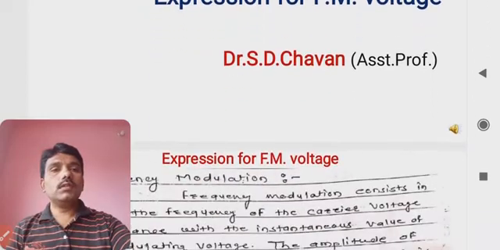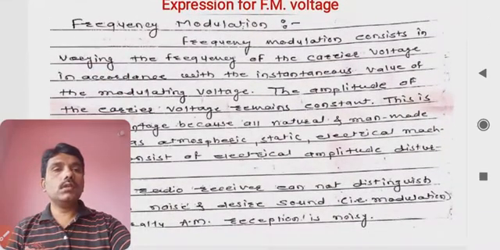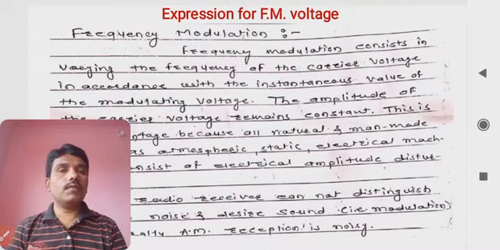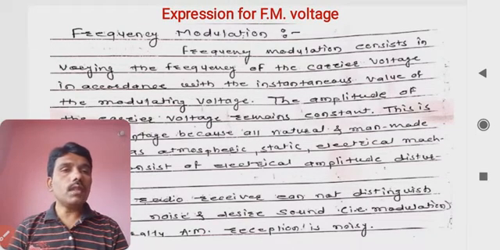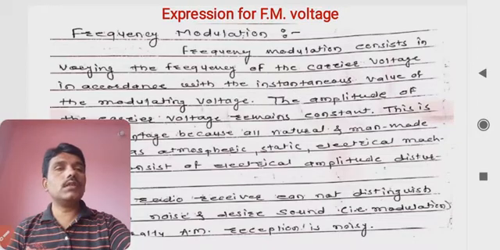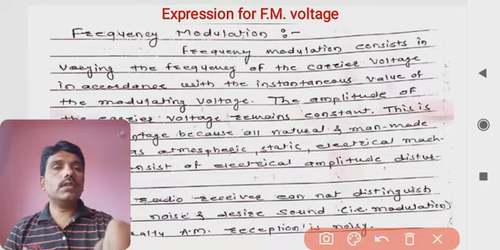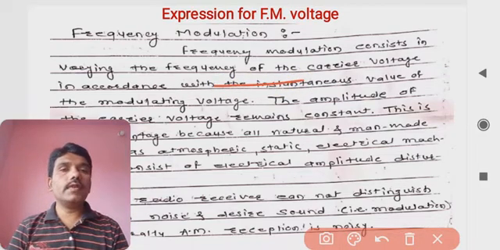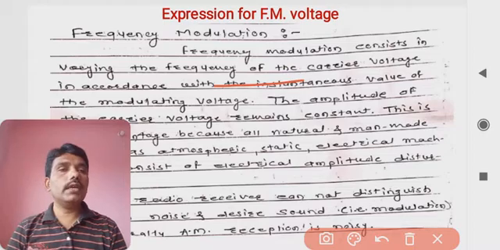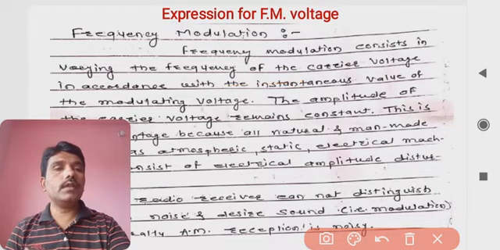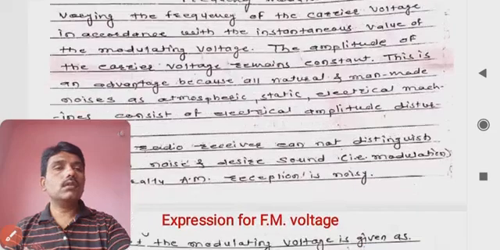Frequency modulation consists of varying the frequency of the carrier voltage in accordance with the instantaneous values of the modulating voltage, while the amplitude and the phase remain constant.